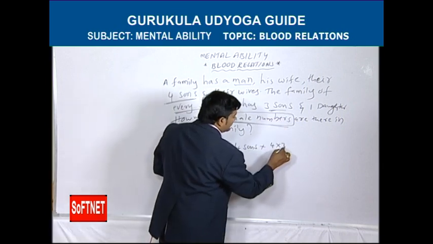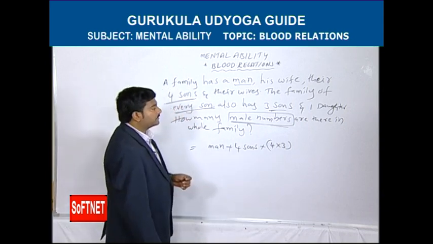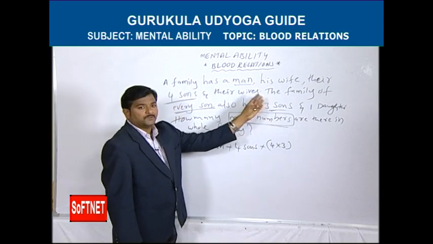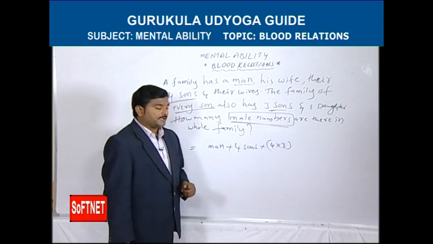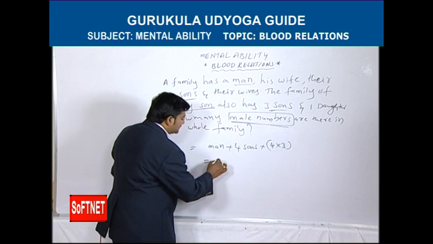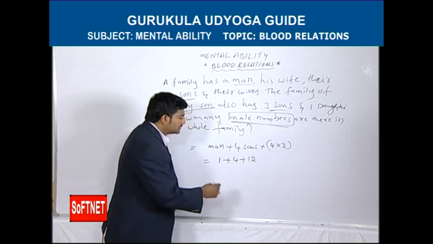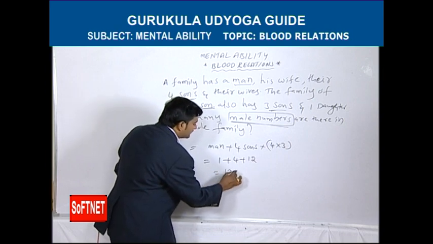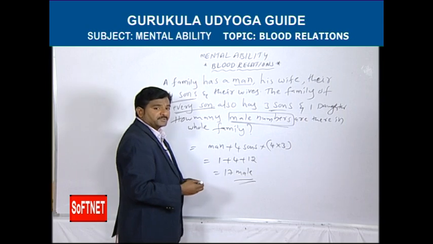Three sons. That's why 4 into 3, what you can take here? 12 you can take. And one daughter, you can ignore because ultimately we have to find out the male numbers. So one man, four sons plus 12 children. Total how many are there? 17 male members are there in that whole family. It's a simple question.